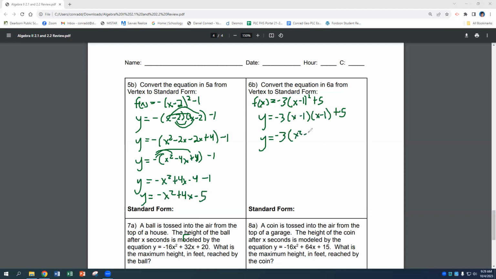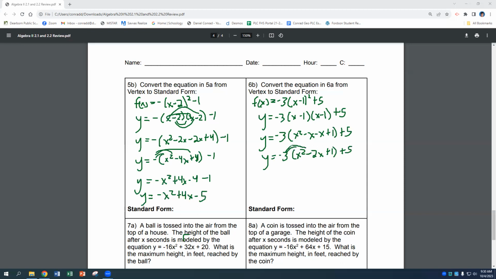X times -1 is negative x. -1 times x is negative x. -1 times -1 is +1. Okay, before I distribute the -3, I want to combine like terms in the parentheses first. So I'm going to do x squared minus 2x plus 1. And then on the outside, I have plus 5.